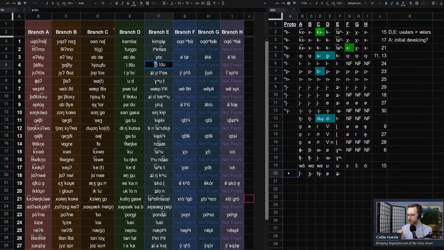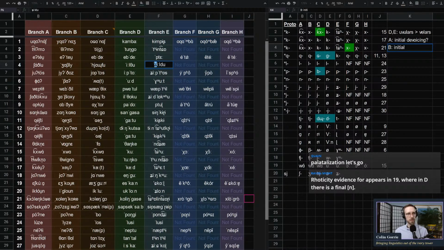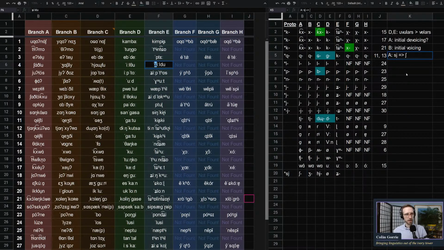What I almost feel like doing is setting up something like sia with initial voicing. And if we have sia, so A putting sia to sh, that's really natural. Actually, A and B. Then B has initial voicing of initial fricatives at least.